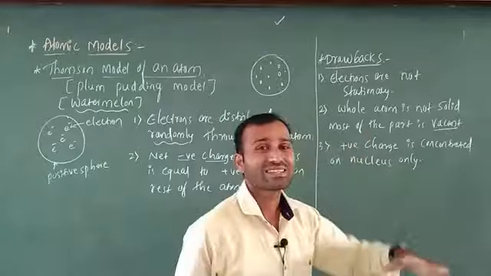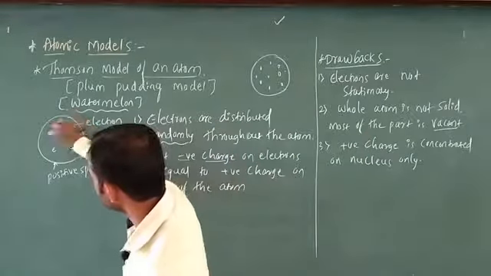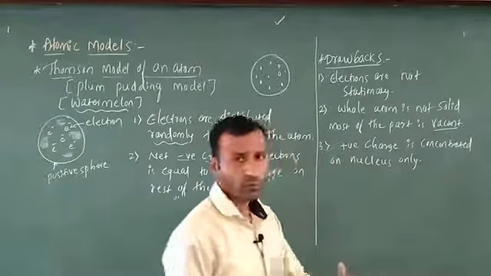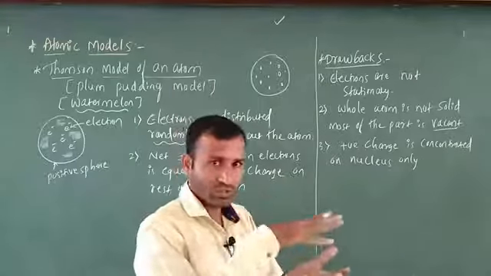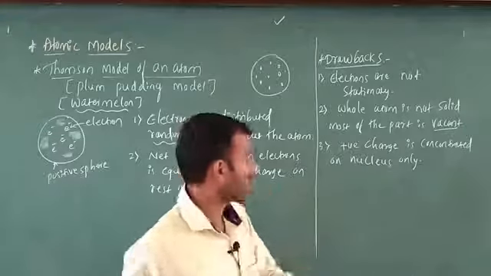Most of the part is vacant. Here is vacant, here is vacant, here is vacant. In the watermelon, the seeds are distributed randomly, but not in all places; there is empty space.